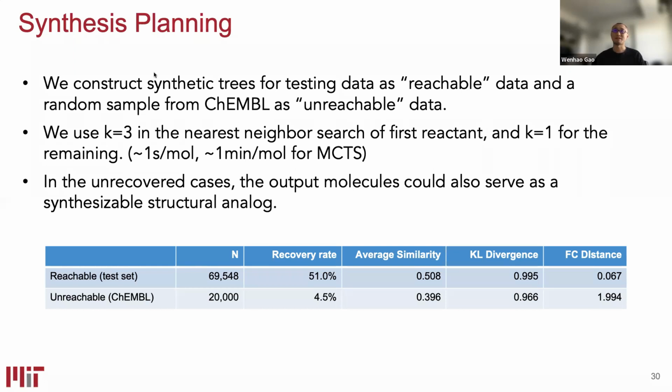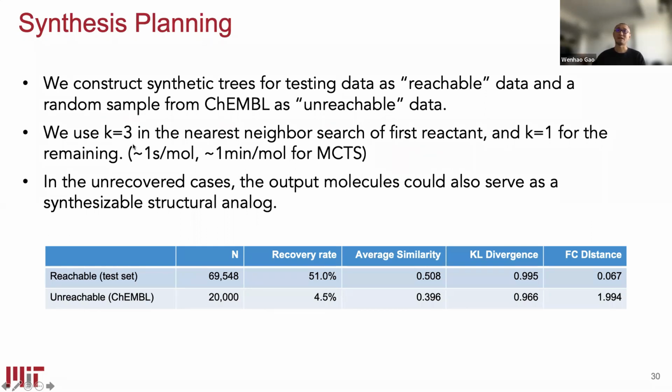If I keep K equal to 1 in all of the selections, then the recovery rate is just over 30%. And as I mentioned, the top-1 accuracy of searching the first reactant is also about 30%. So basically the overall performance is bottlenecked by the first reactant selection.